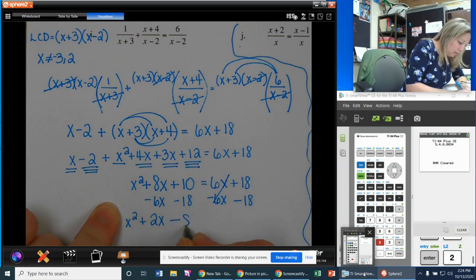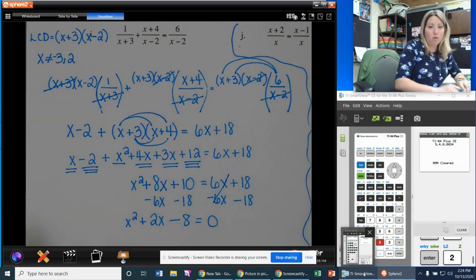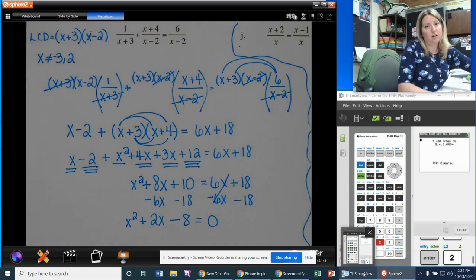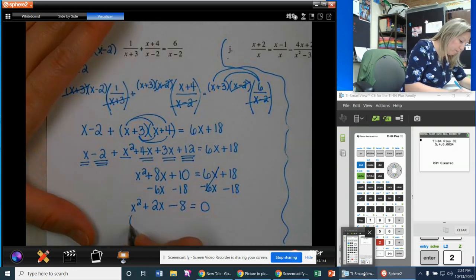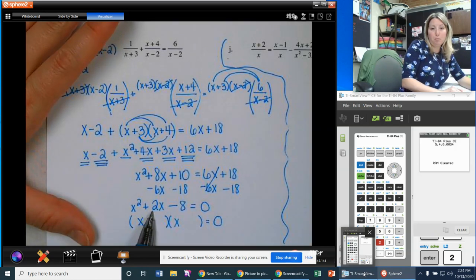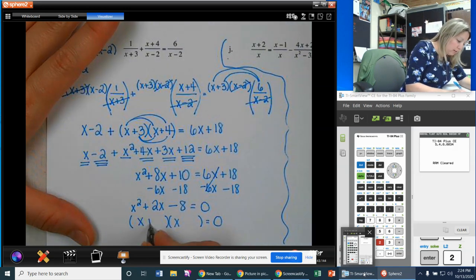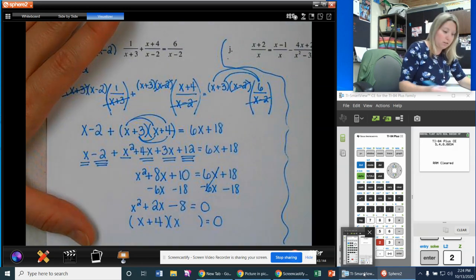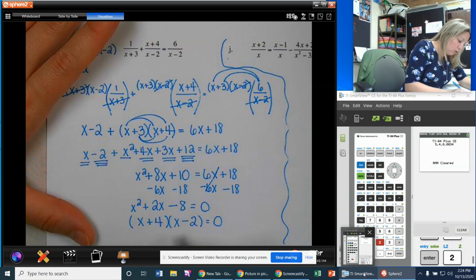That's a minus 8. And, oh, there you go. What are the factors of 8 that will subtract to give me 2? That would be 4 and 2. But you have to watch your signs because the middle is positive. That means the bigger factor has to have the same sign as the middle. So it's a positive 4 and a negative 2. And now T-chart.